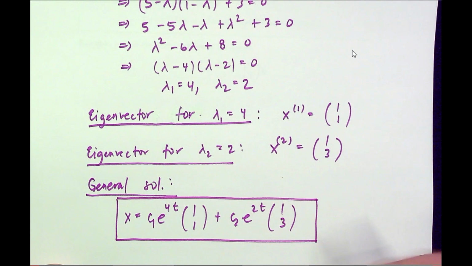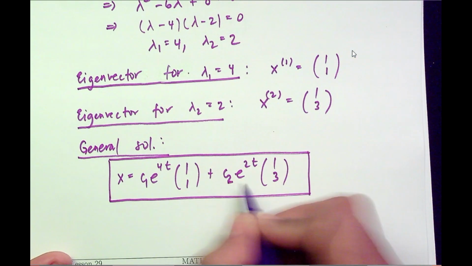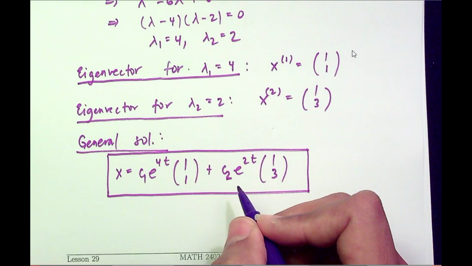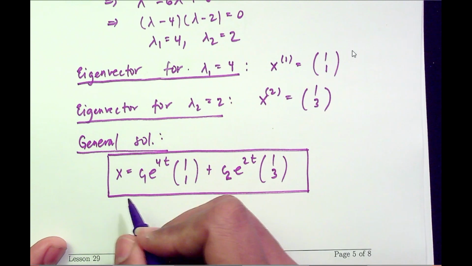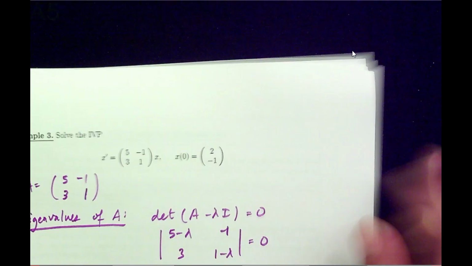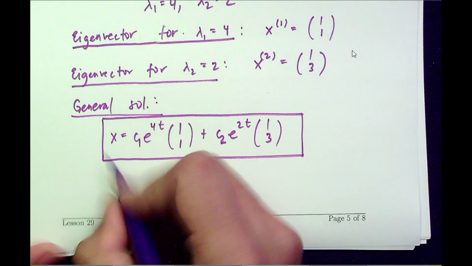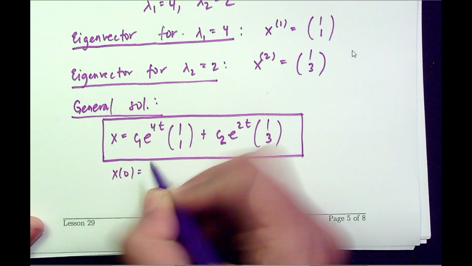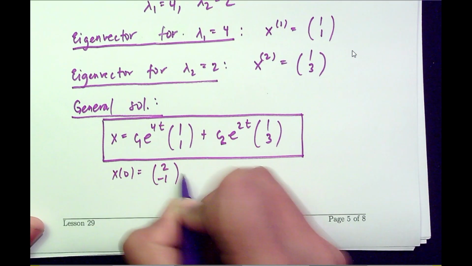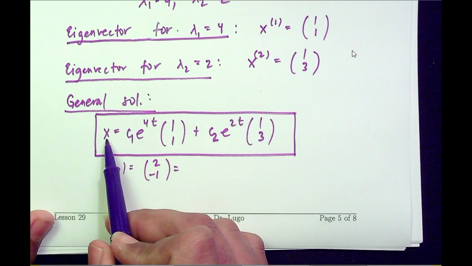We have an initial condition, so that means we need to figure out what c1 and c2 are. The initial condition is, when you plug in 0, you get 2, negative 1. On the one hand you get 2, negative 1, but we already have a formula for x, so we can just plug it in here.